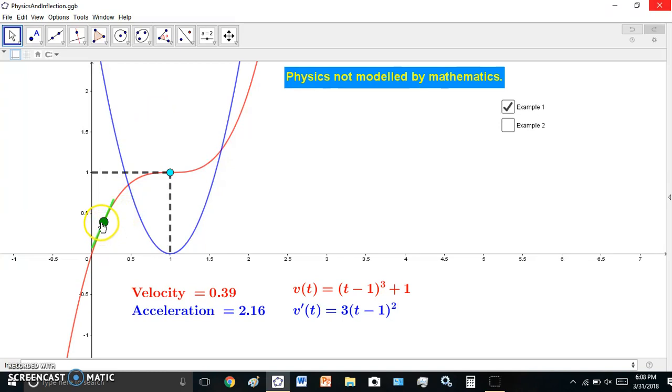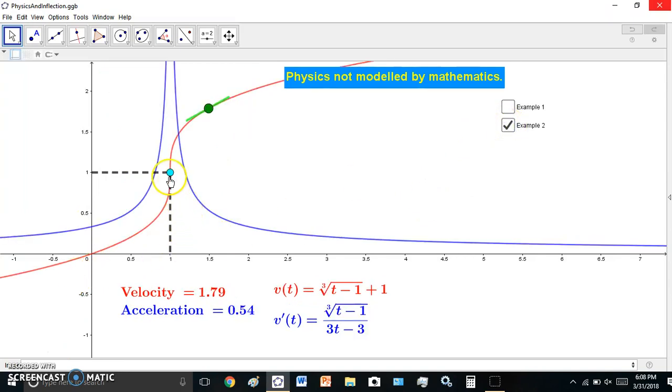So now, this here being a point of inflection doesn't have any real connection with the physical world. And I'm going to show you why in just a second. Let's take another example. This example now also has a point of inflection in the same spot. And here is the tangent line, the green tangent line, and the point.